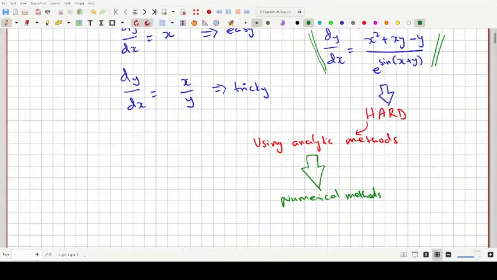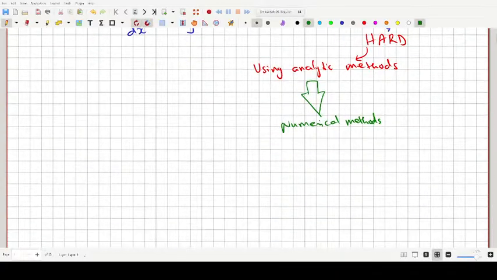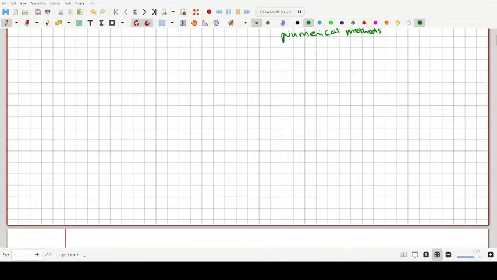So, having given this small introduction to why we will be using numerical methods, let us now start with Picard's method. Okay, so again, as we mentioned, these are going to use a first order differential equation.